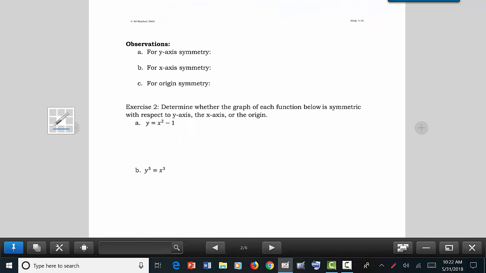Now here, in problem number 2, we want to check whether a function is symmetric about the y-axis, x-axis, or origin. Always I'm going to start by replacing x by negative x first. So y equals negative x squared minus 1. So we end up with x squared minus 1. Is that the same equation?